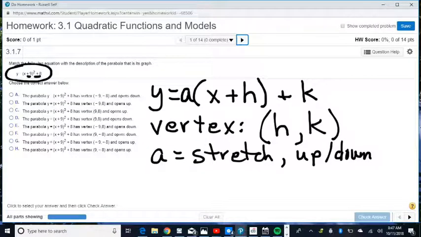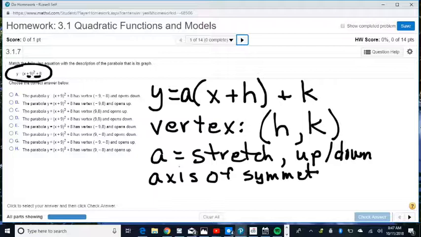Now, there are a couple of other things that you can tell from this function in this form. One of them is something called the axis of symmetry. Don't freak out about it. It's very easy. The axis of symmetry is an equation, and it's simply x equals whatever your h is.